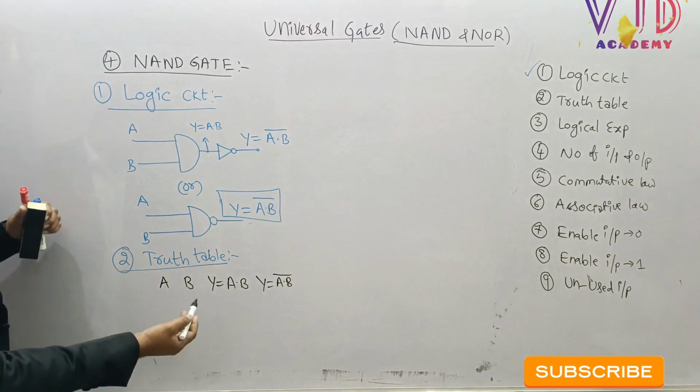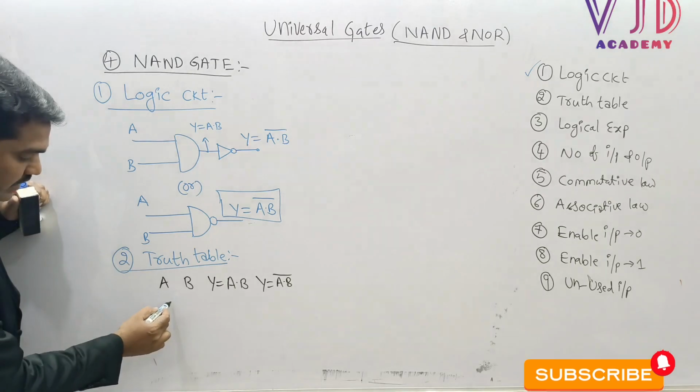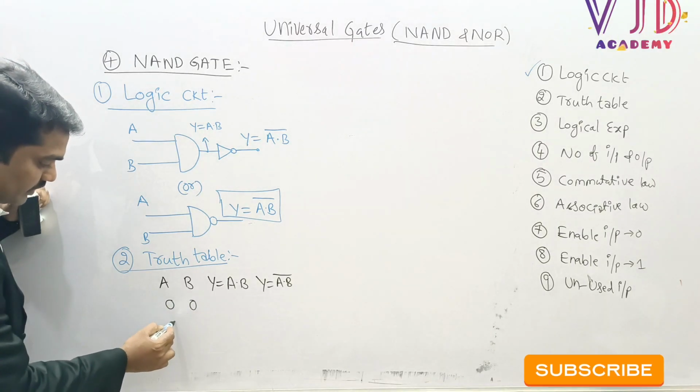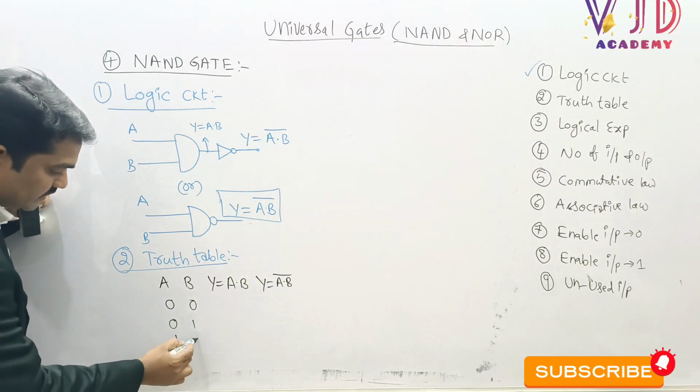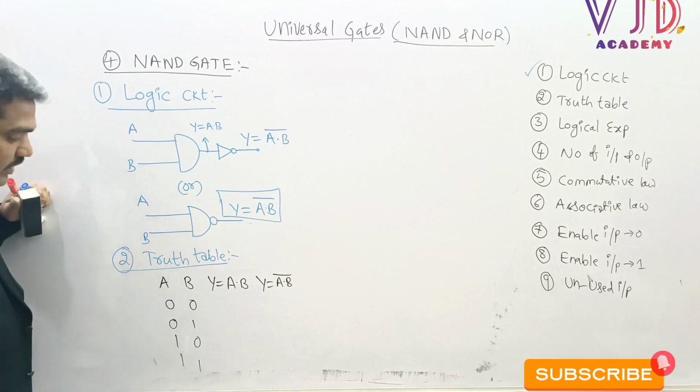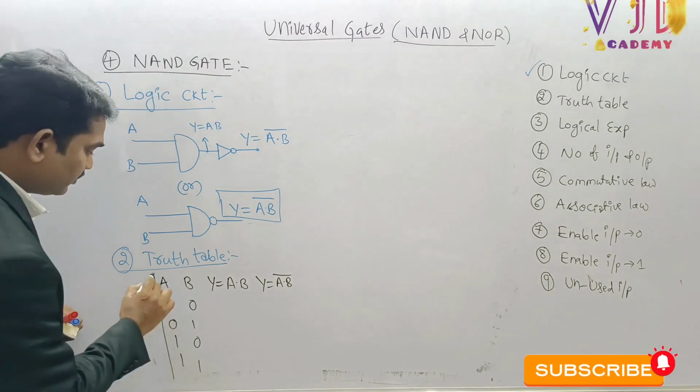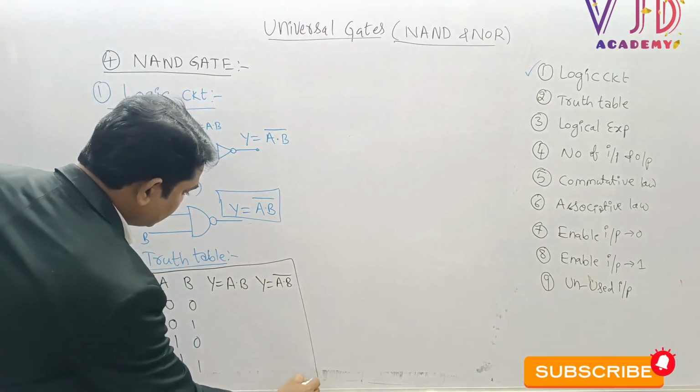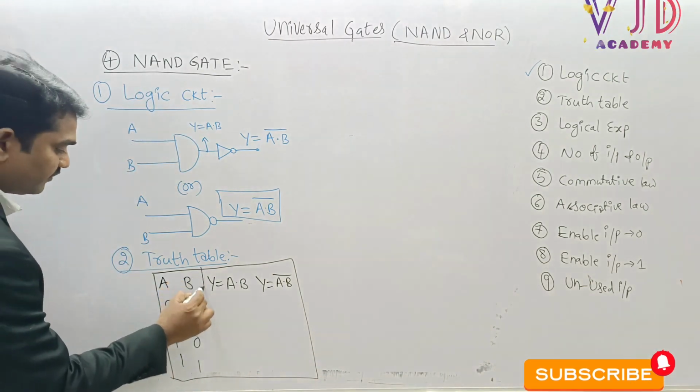Let us try to understand the truth table like this. The inputs are 0 0, 0 1, 1 0 and 1 1. We have 4 cases.